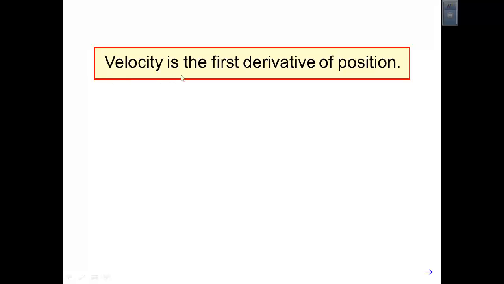So velocity is nothing more than the first derivative of the position function. That's something you should file away in your head. Those of you that are taking or have taken physics, you know some of this stuff already. Those that haven't, you're going to have to work a little bit more to remember it because they've already learned it. But velocity is nothing more than the first derivative of the position function.